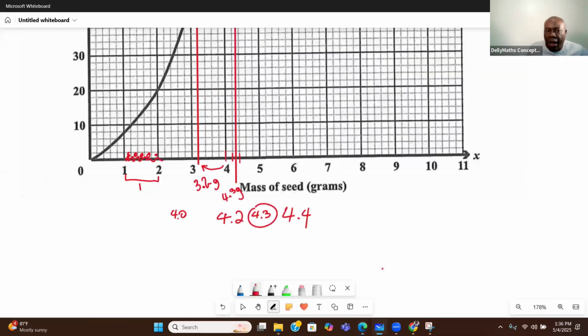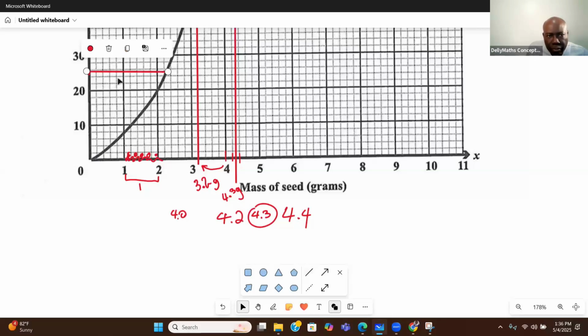So we're going to have to go to the graph, go where 25 is, right here, and take it across to see what number we have to work with. Right there, and you bring it down. There it is.